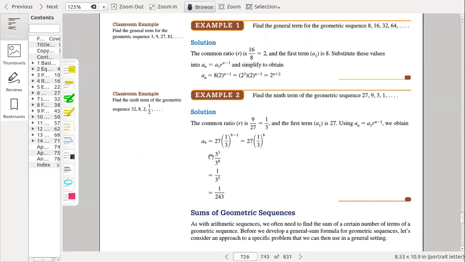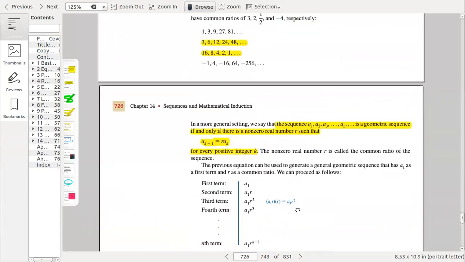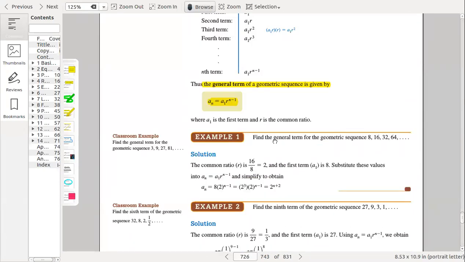Then you transfer this 3 power 3 to the denominator, and the powers will be subtracted. 8 minus 3, you will get 1 over 3 power 5, and if you simplify, you will get the ninth term, 1 over 243. So this is the ninth term. By using this nth term formula, you can find any term of the sequence.